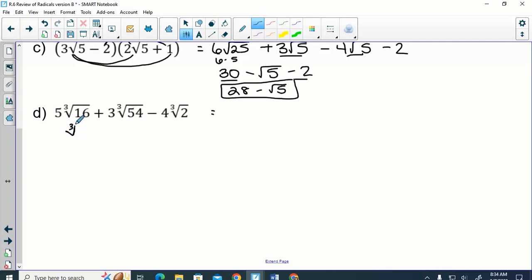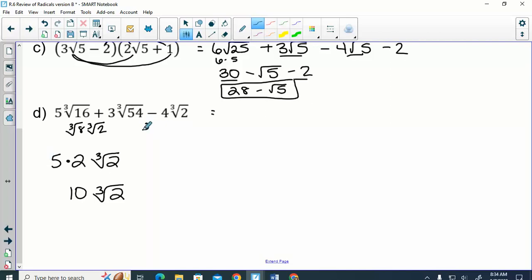Are there any perfect cubes that go into 16? 8 and 2. So this is like a 5 times, what's the cube root of 8? 2 times the cube root of 2. So that term would turn into 10 cube root of 2. So the number that comes out multiplies with our coefficient.